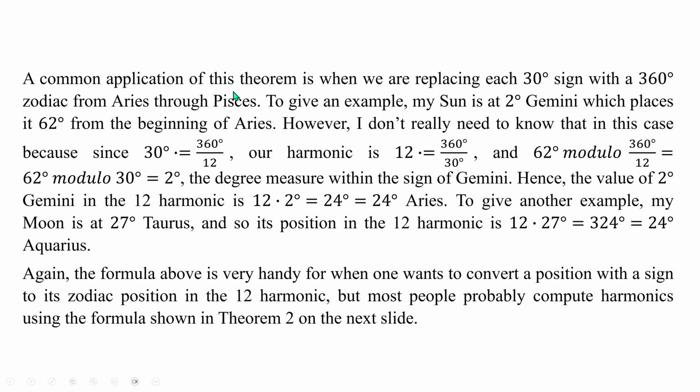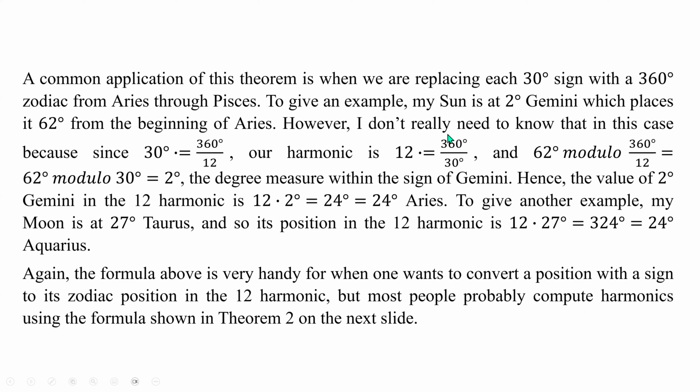A common application of this theorem is when we're replacing each 30-degree sign with a 360-degree zodiac from Aries through Pisces. That would be what we do when we're looking at the 12 harmonic. So, to give an example, my sun is at 2 degrees Gemini, which places it 62 degrees from the beginning of Aries.